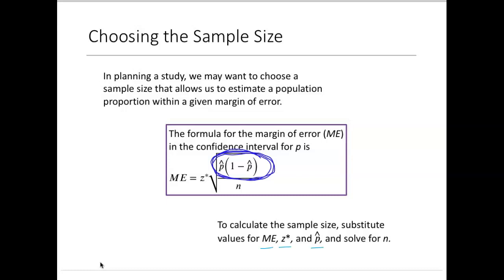And remember that these are going to complement each other. So if p hat is 0.1, then 1 minus p hat is 0.9. And then when you multiply those together, you would get 0.09, right? But I want to choose the value of p hat that would make that numerator the largest possible. So if p hat is 0.4, what's 1 minus p hat? What's 0.4 times 0.6?